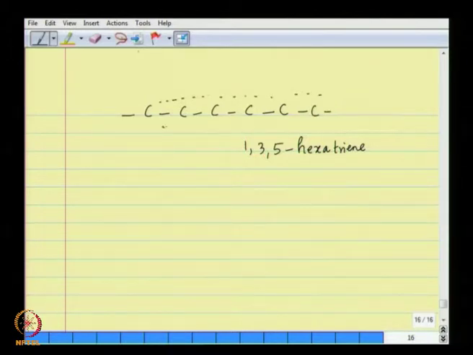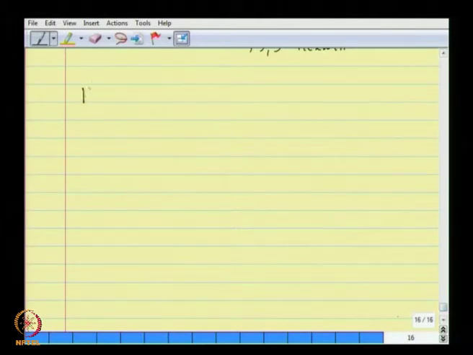Okay. There is nothing called a plus or minus for the electron density, both up and down are the same. So if you do that, the Hückel matrix, as an exercise, I would want you to derive that, and let me write the Hückel matrix very quickly.